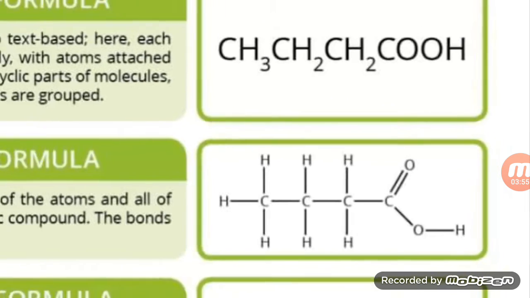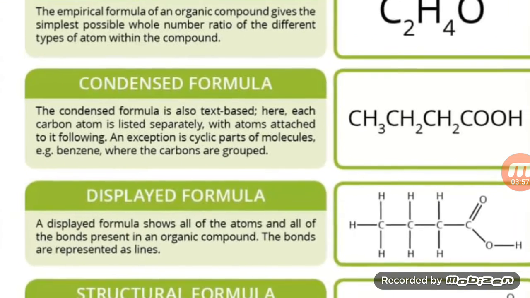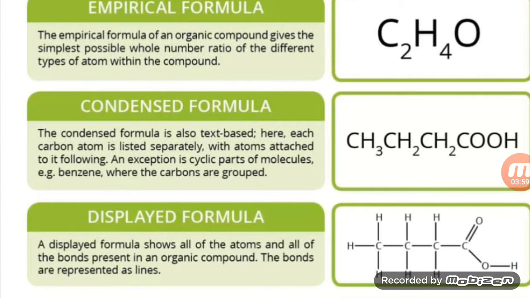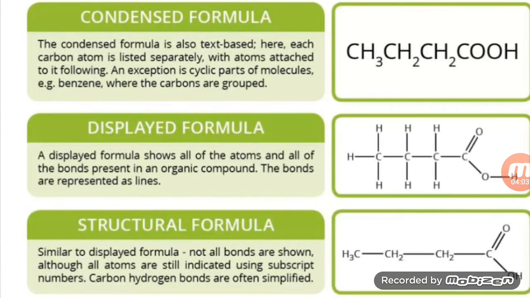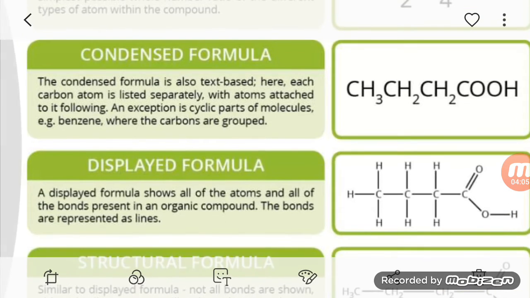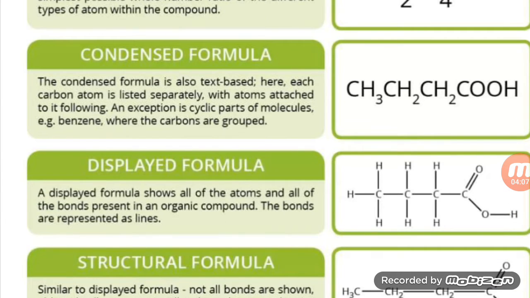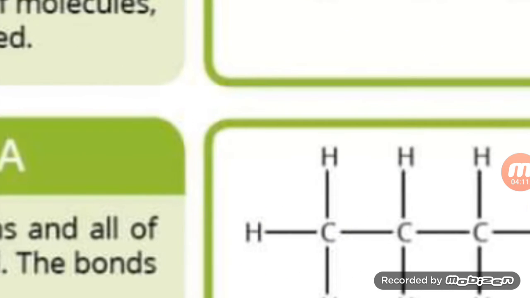This is also a very good form, or rather a better form than the previously reported forms. Displayed formula shows all kinds of atoms and all the bonds present in organic compounds, and the bonds are represented as lines. These lines are not just lines, these are shared electrons, these are bonds.